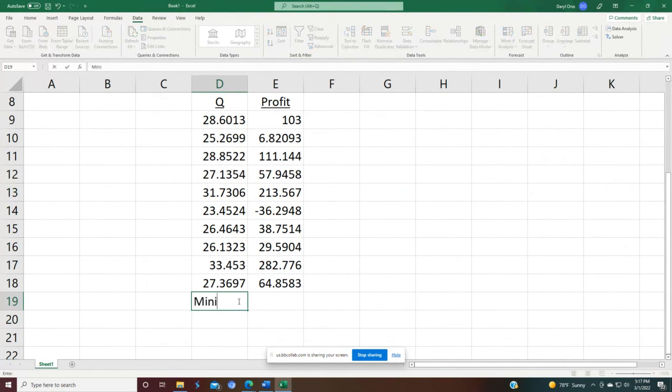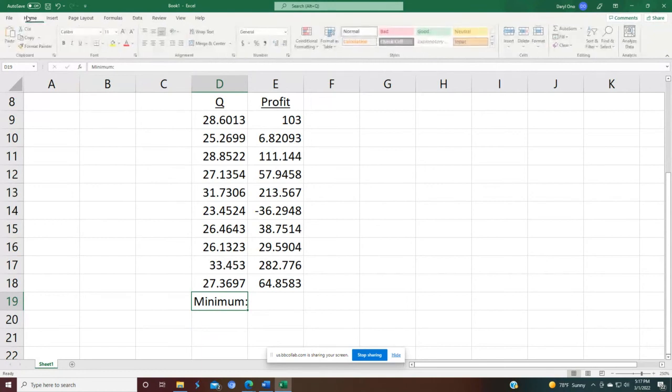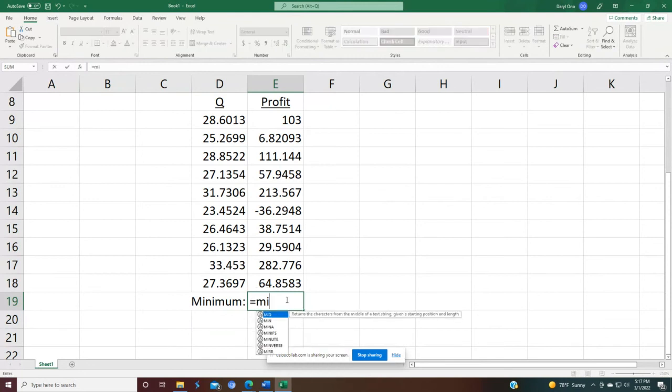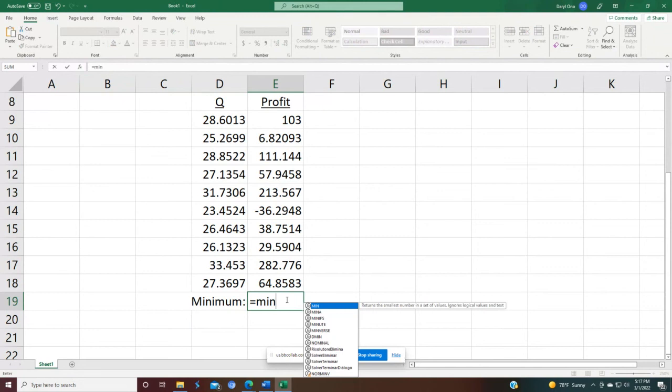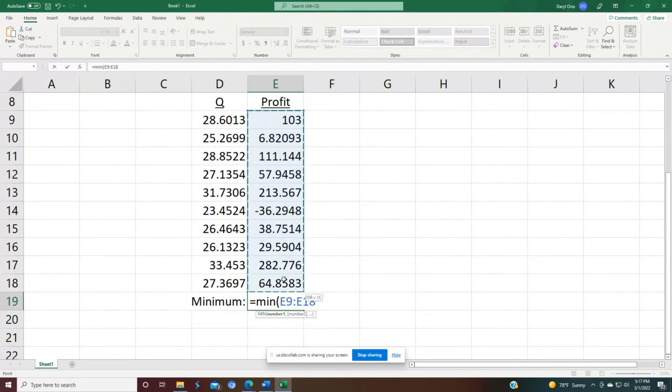So the minimum of the profits, what is the Excel function? Equal, I think it's equal min, left parentheses, highlight this vector of data, right parentheses. In other words, we want Excel to help us find the minimum number.